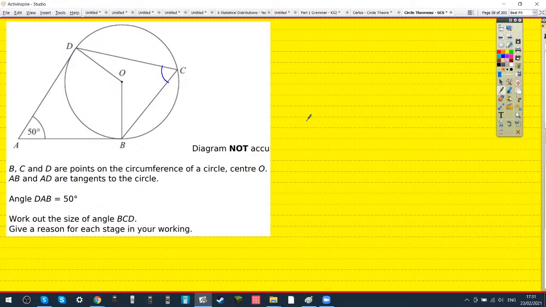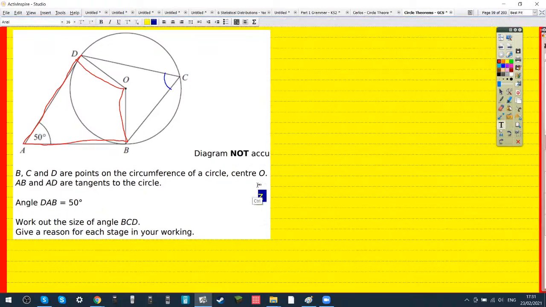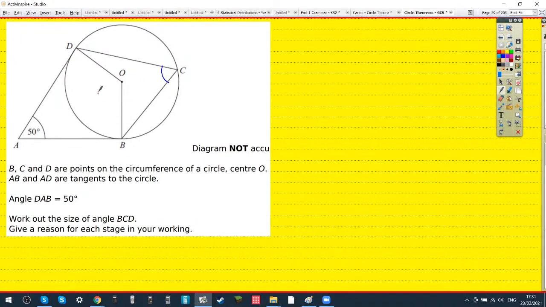Angle O would be double angle C. How can we get angle O from A? Half it? It makes that kite shape that we saw earlier. Oh, so O would be 120. Close. What's 180 minus 50? 130. That's 130, yeah.